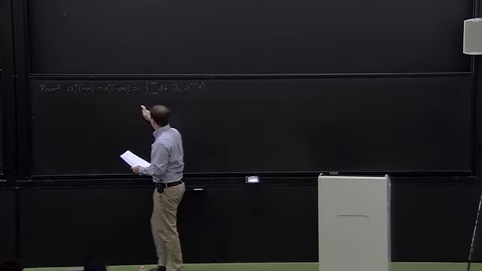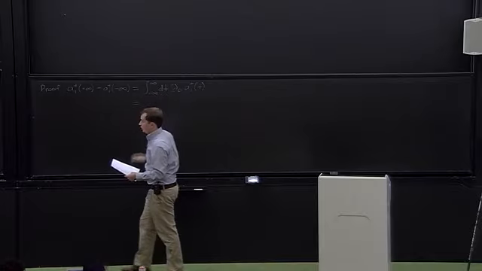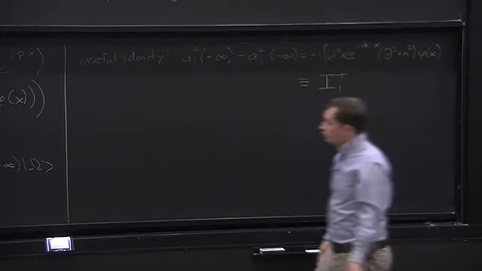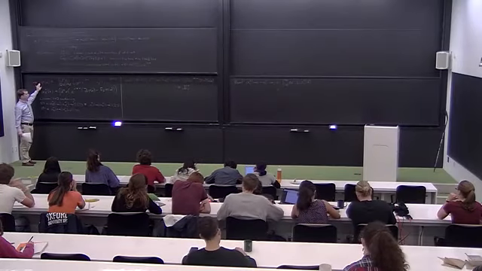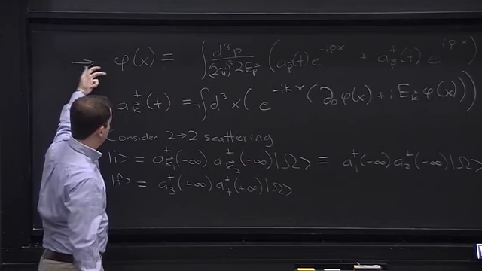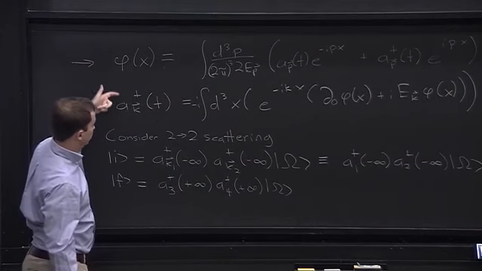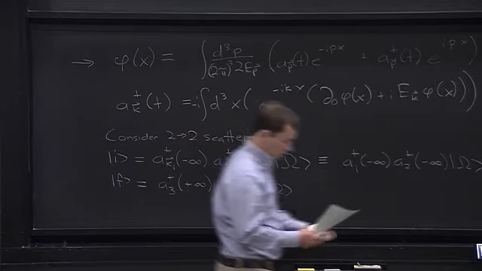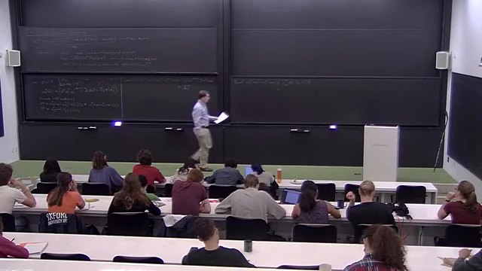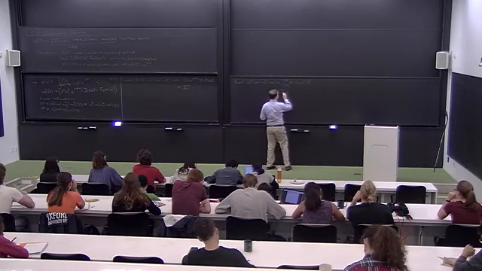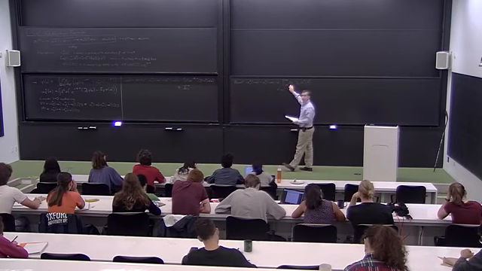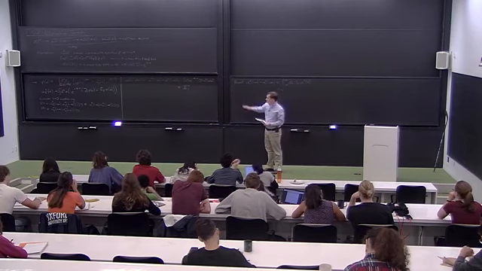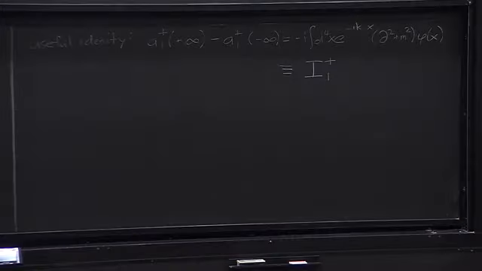And now we can use our assumption that we have this same relationship between our field operators and our ladder operators in this form. So we can invert this relation to get a relationship between the creation operator and the field operators. So let's use that now. We already have an integral over time in that relationship between the creation operator and the field operator, and we've got an integral over space.